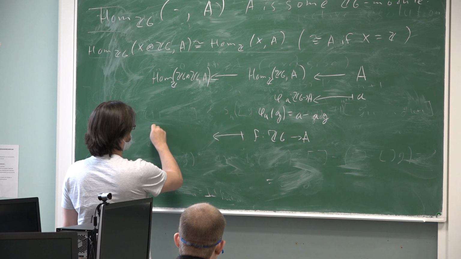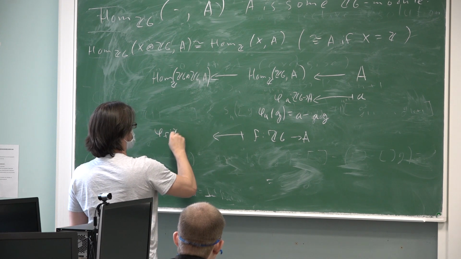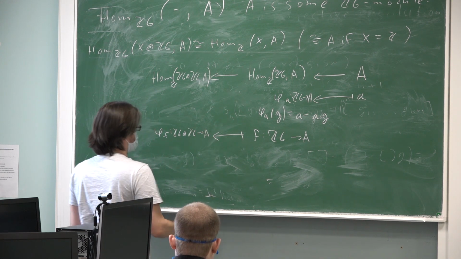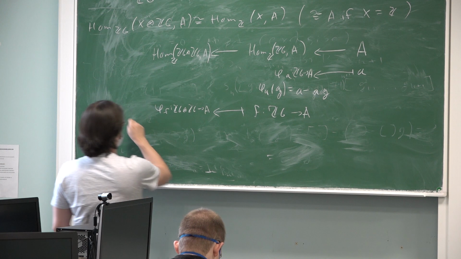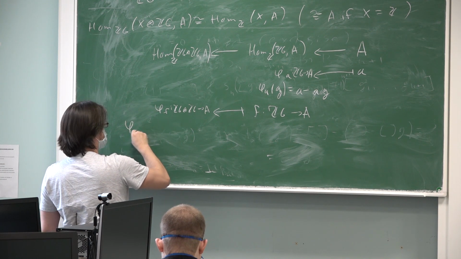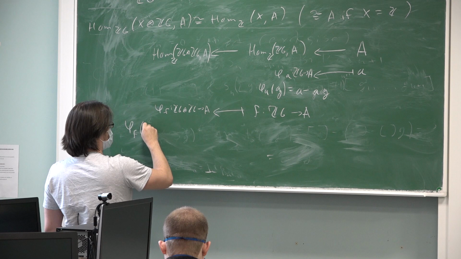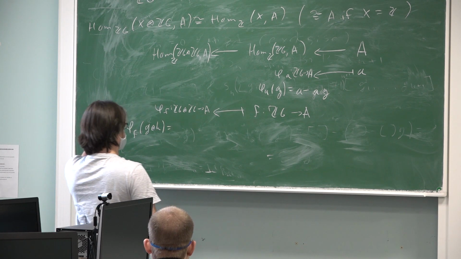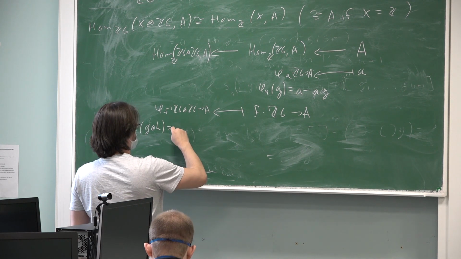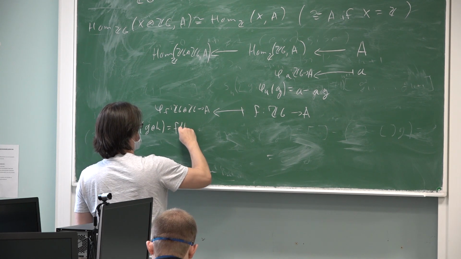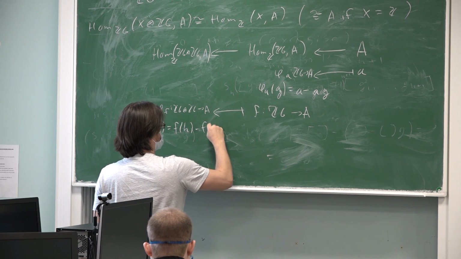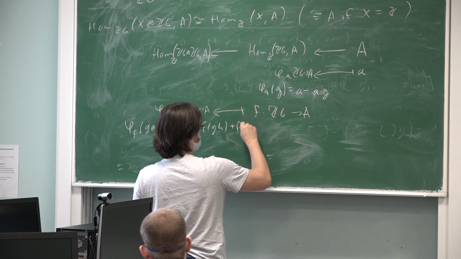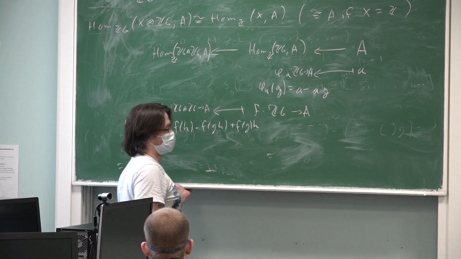Let us denote it phi f from ZG tensor ZG to A, which is defined in the following way: phi f of g tensor h is equal to f of h minus f of gh plus f of g h.